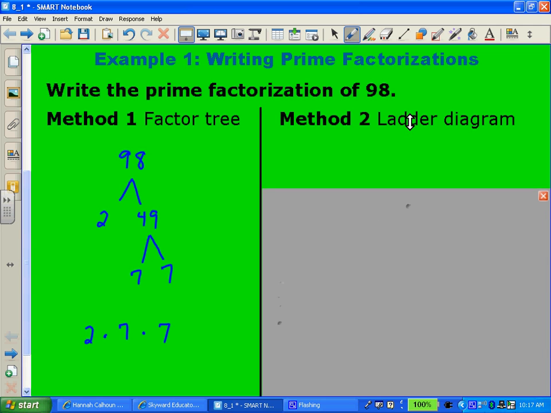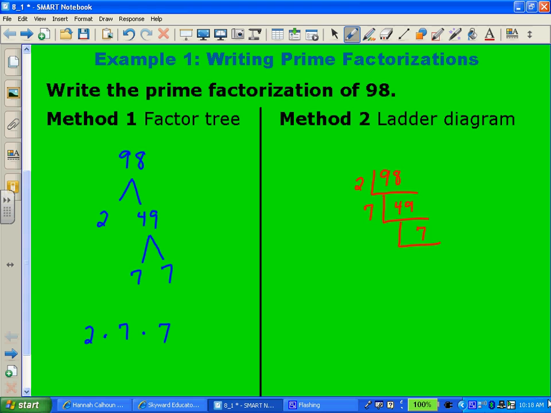Now another method that we have is called the ladder diagram. And what this is, we take 98, I'm going to put it in a little half of a rectangle here. And what we do is just divide it by prime numbers. So let's say I divide that by 2, that's going to give me 49. Now if I divide that by 7, that's going to give me 7.